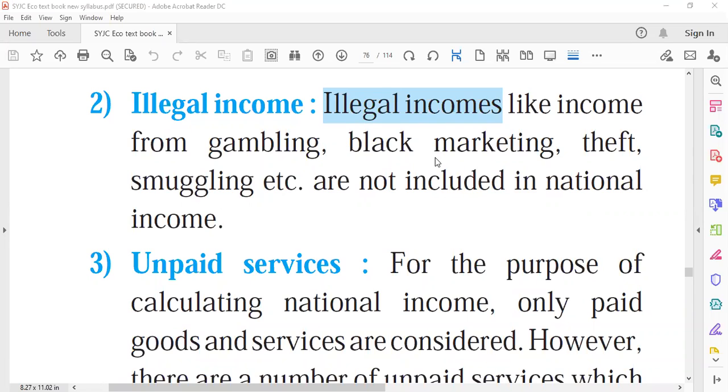But since they receive this income from illegal activities which is not permitted by the government, such income is not entered into the books of account. This is called unaccounted income, which is not recorded anywhere, and therefore it is not calculated into the national income.